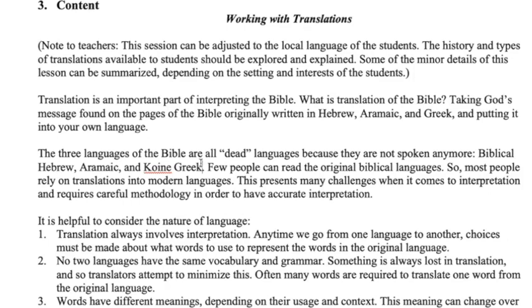Translation is an important part of interpreting the Bible. What is translation of the Bible? Basically, we're taking God's message found in the pages of the Bible that in its original languages, Hebrew, Aramaic, and Greek, and we put it into our own language. Now, very few people actually know the biblical languages.